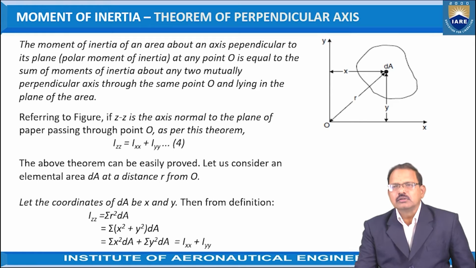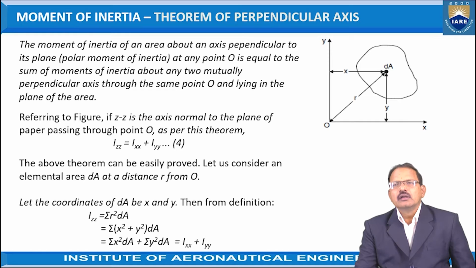Now Ix, according to that figure, that is the moment of inertia of that area about the x-axis, is equal to sigma of dA into y square. Similarly, Iyy is equal to dA into x square.